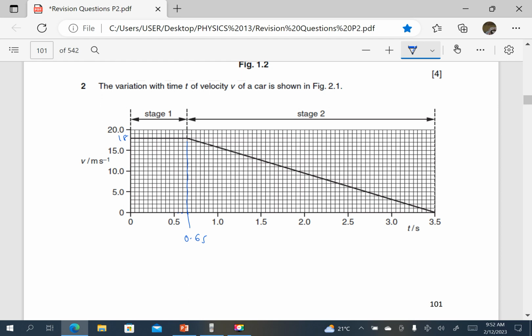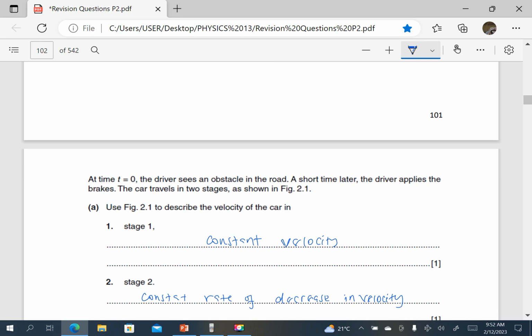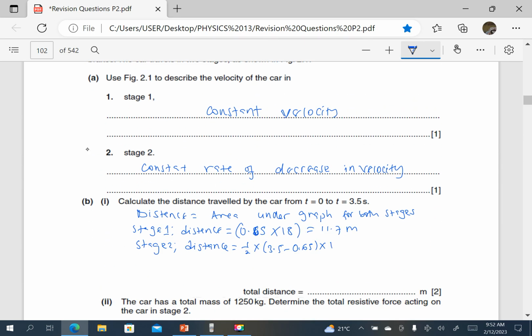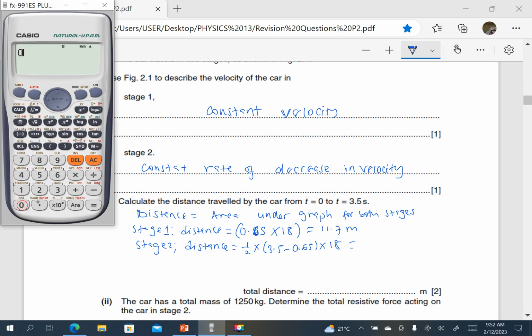The height is the same, it is 18. So that gives us 0.5 times 18 times 3.5 minus 0.65. So that is 25.65 or 25.7.